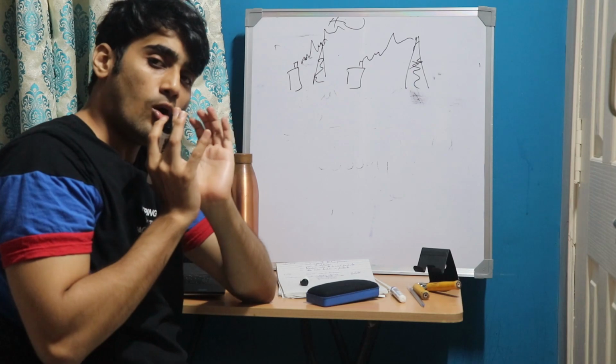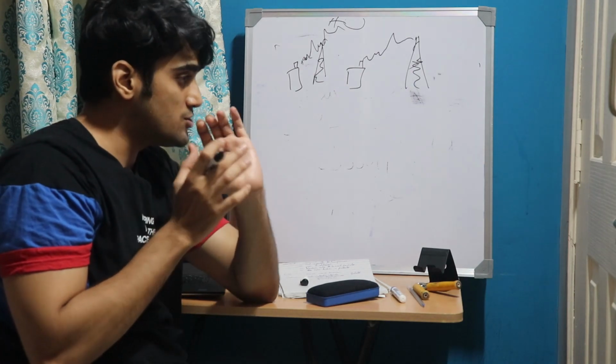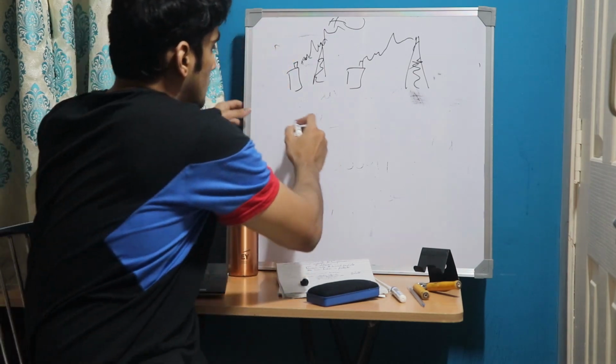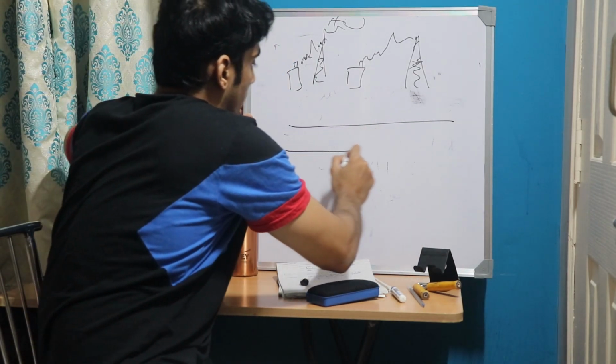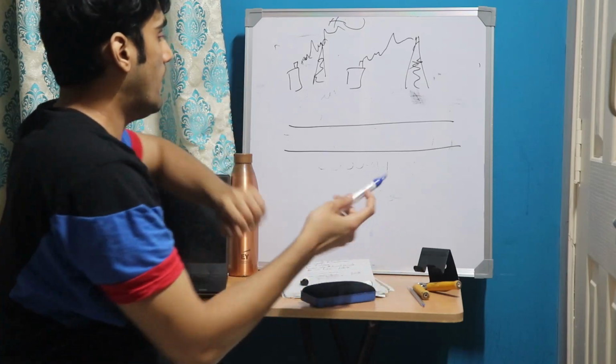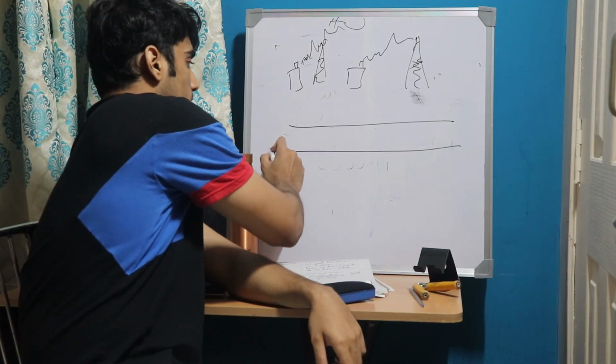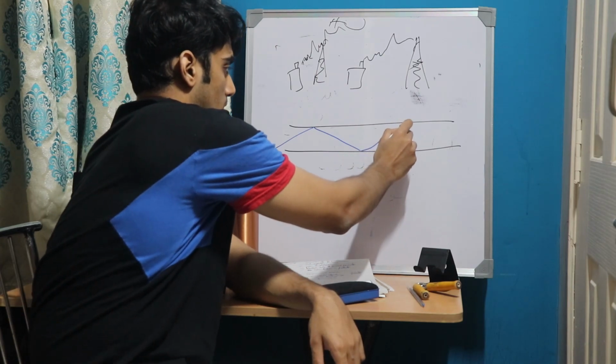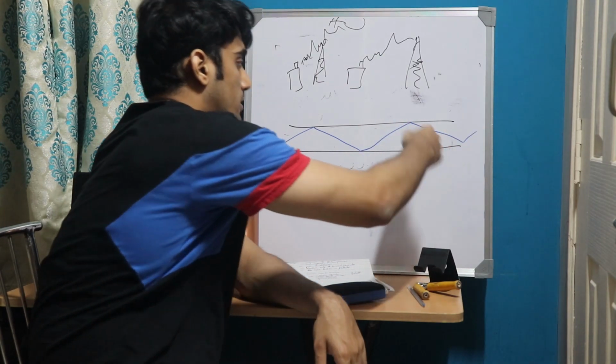There are optical fibers which are engineered to reflect light from inside. So suppose this is an optical wire. Now if I send in a light wave, it will get reflected and it will go on and on till the end.